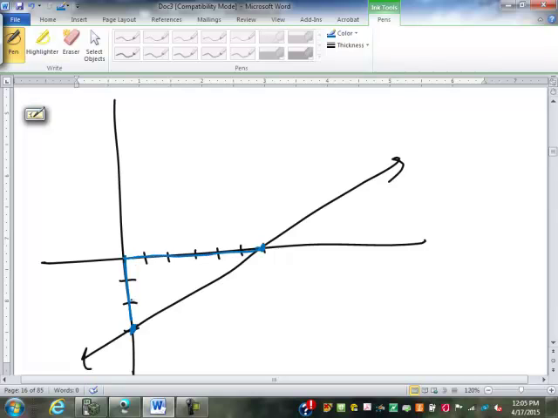Now we have to be careful not to count the marks, but to count the gaps. There's 1, 2, 3 gaps here. So this has a rise of 3. On the run, there's 1, 2, 3, 4, 5, 6. That way, so it's a run of 6. So the slope here, being rise over run, is 3 over 6. And of course, that can be reduced to 1/3.